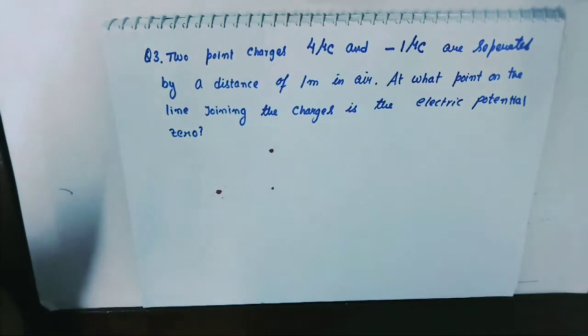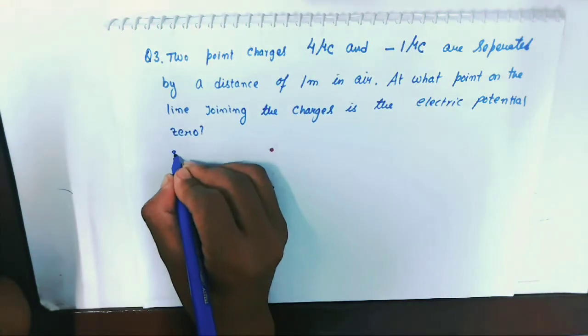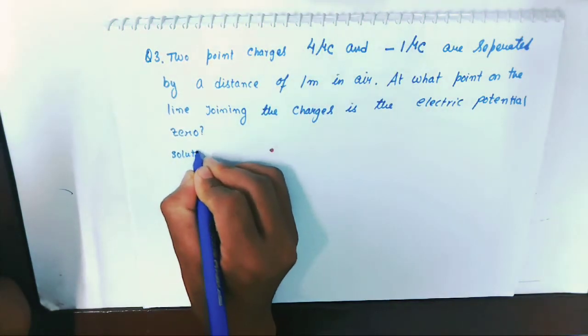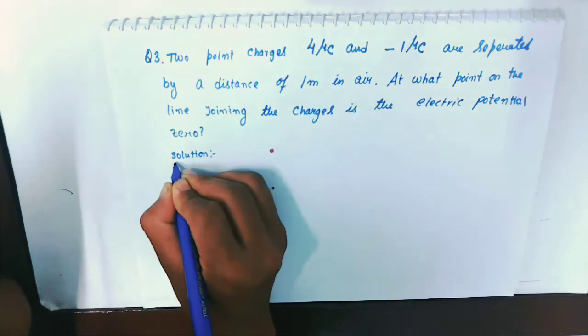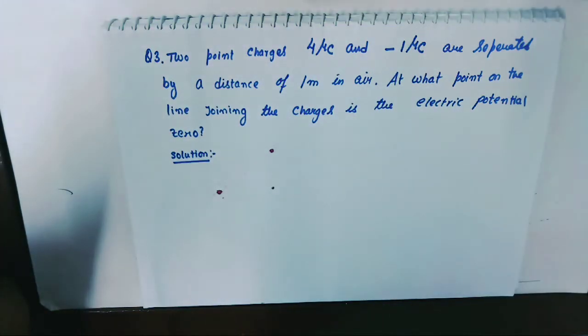Now we will solve this question number 3. So, solution. The question says two point charges, 4 microcoulomb and minus 1 microcoulomb, are separated by a distance of 1 meter in air.